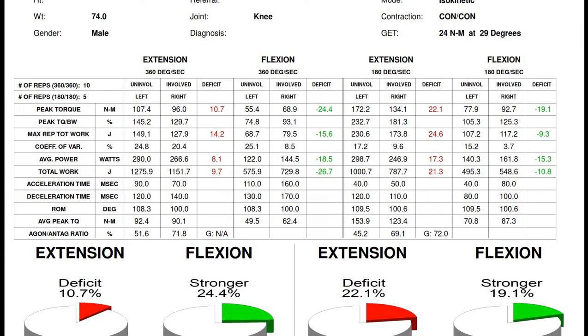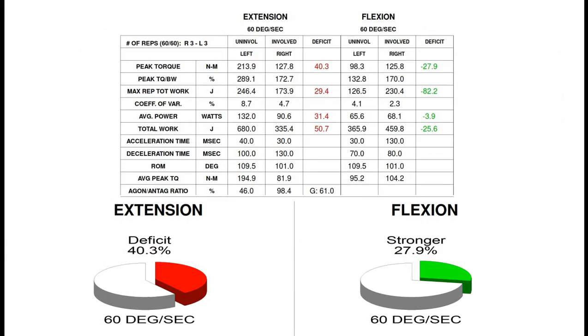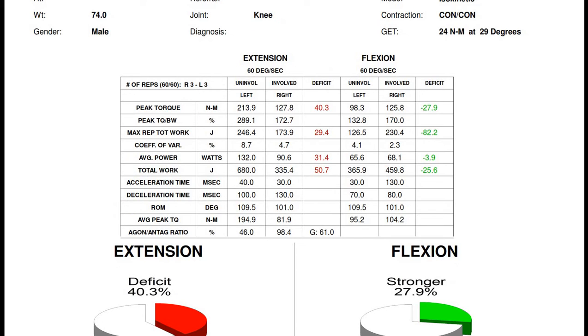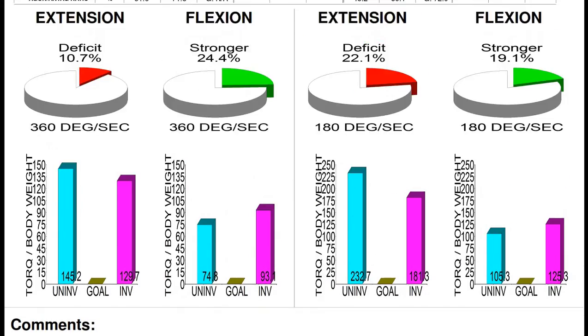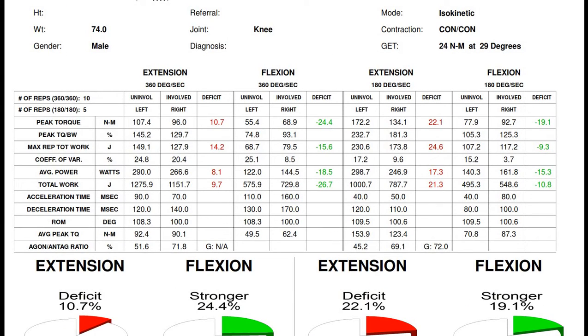If you recall, here we have the 360 degree per second test results for flexion extension, 180 degree per second, and down here on its own the results for the 60 degree per second test. So you can think of this as slow, medium here on the right, and fast on the left.